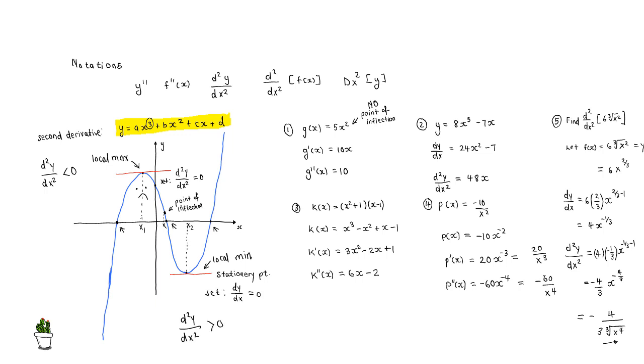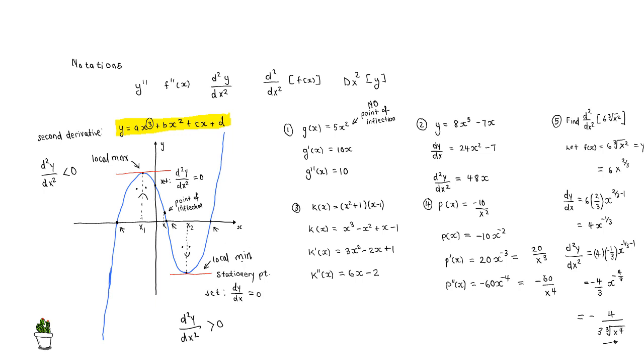In other words, if d squared y by dx squared is positive, you can see this mini parabola is smiling. So it's positive. That means that at that x value, we have a local minimum.